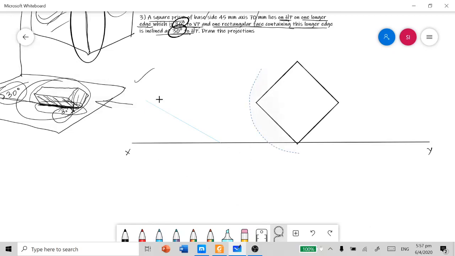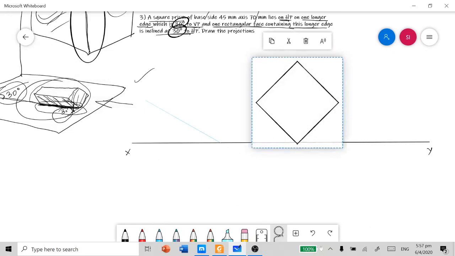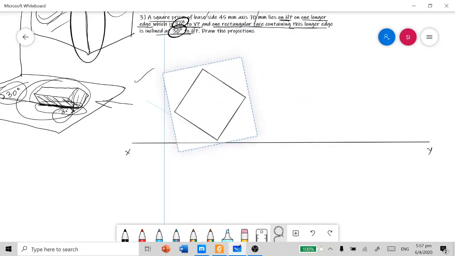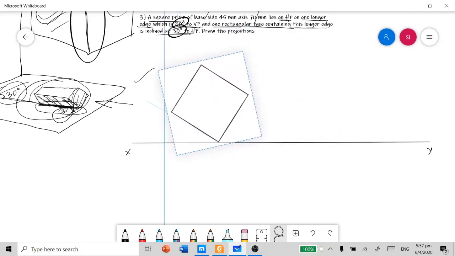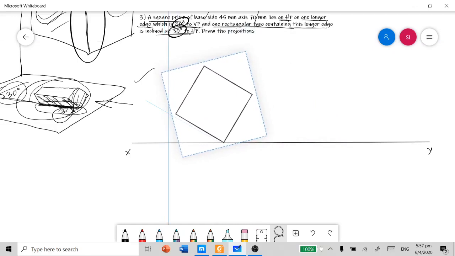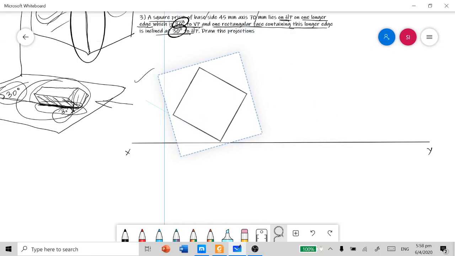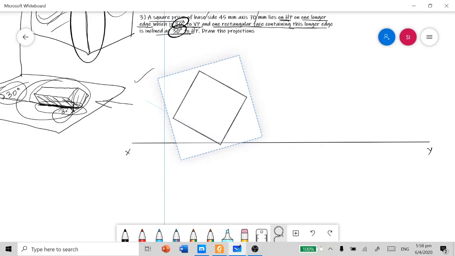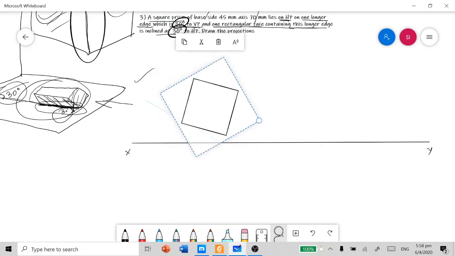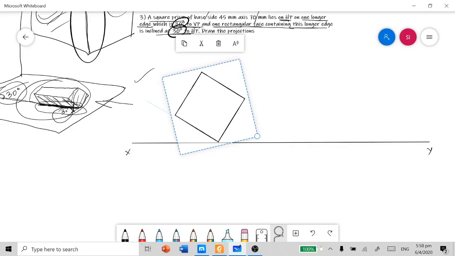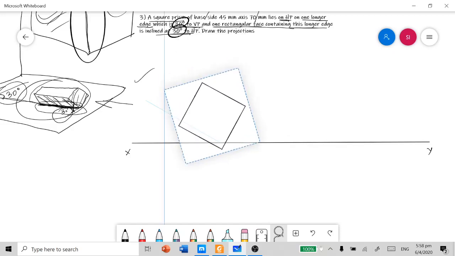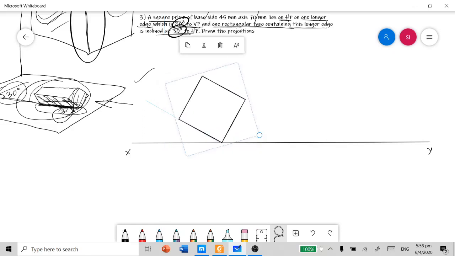And this is our square base, with the given base side of 45 mm. And it's a square prism.